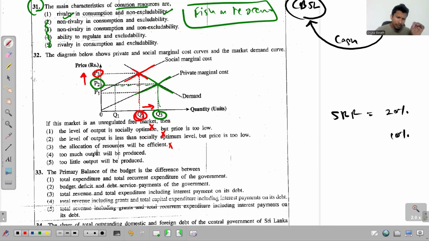Fourth one says too much output will be produced. Of course, it's true because the socially optimum quantity is lower than the market allocation, so the market produces too much. So the fourth one is the answer for this question 32. The fifth one is simply the opposite of the fourth one, so that is not true.